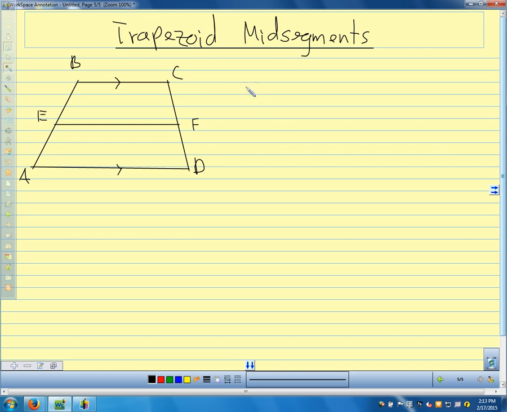So the mid-segment joins the midpoint of the legs. So point E and point F are the midpoints of the legs. So that tells us that that segment is congruent to that segment because that point is right in the middle, and that segment is congruent to that segment.